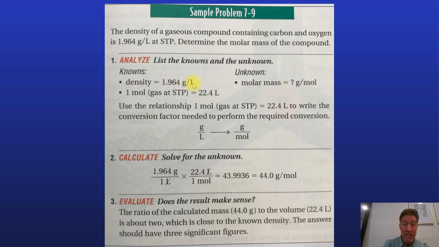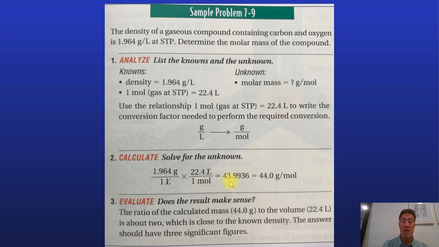So we need to convert from grams per liter to grams per mole. So we just start with what we have. We start with our grams per liter, and then we're going to use our conversion factor, 22.4 liters. In this case, we're canceling out from the denominator to the numerator, right? And we're going to end up with grams per mole, which is what we want. So here our liters cancel, and we're going to end up with grams per mole, which is our desired units.